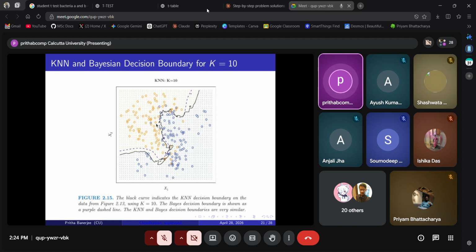This diagram shows that, and you will see that the misclassifications are very small when you use a testing data and a trained data kind of setup.